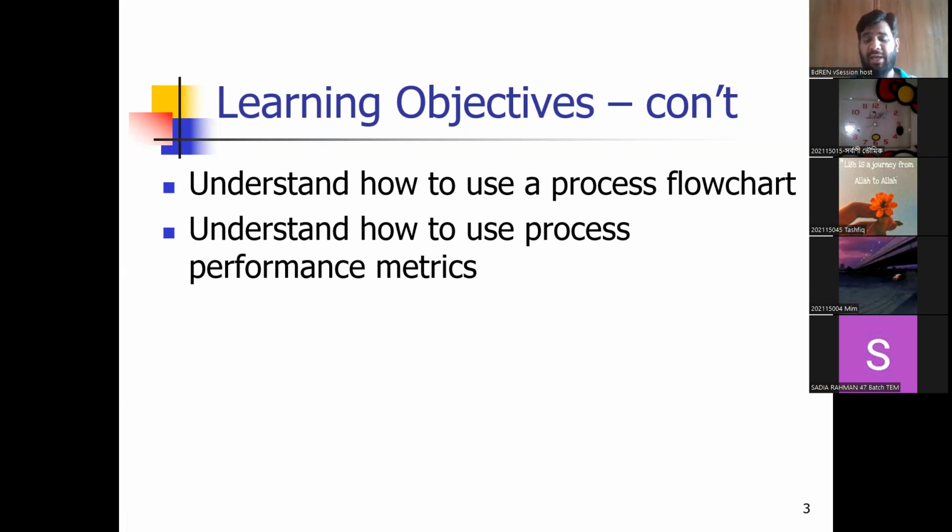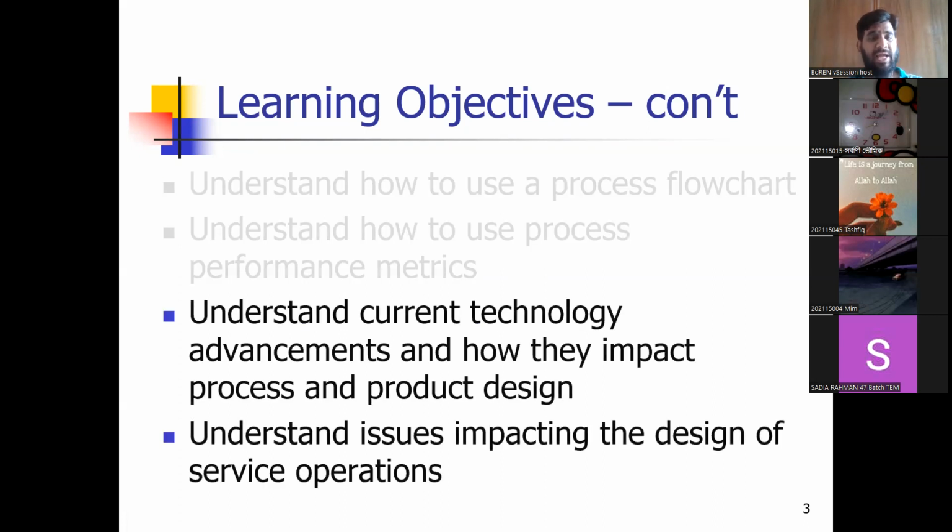We will also explore the metrics today, and then understand current technology advancement, how they impact process and product design. And you know that it is very important. And as a student of today's technological world, you have some knowledge about the technological applications, artificial intelligence, 4IR, or fourth industrial revolution.